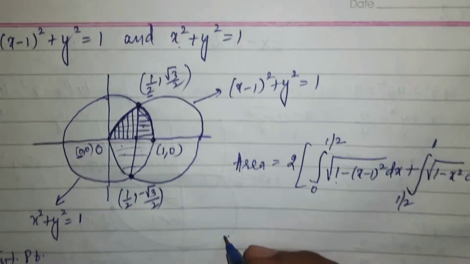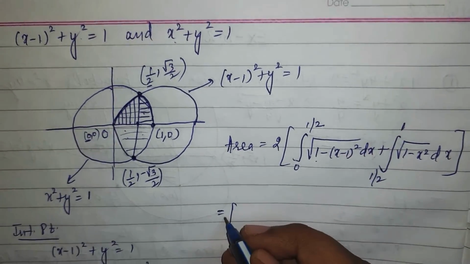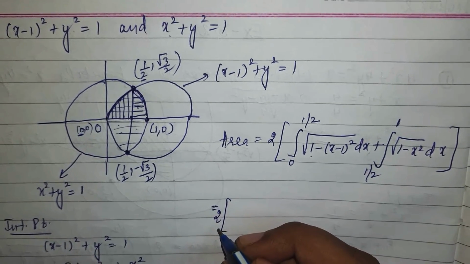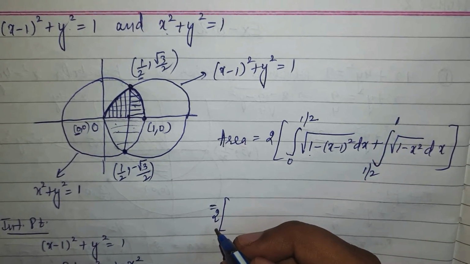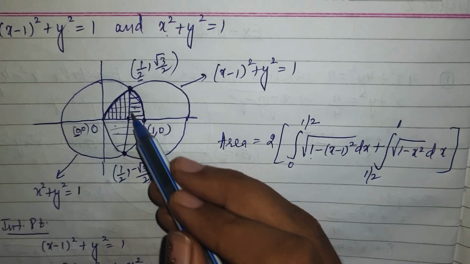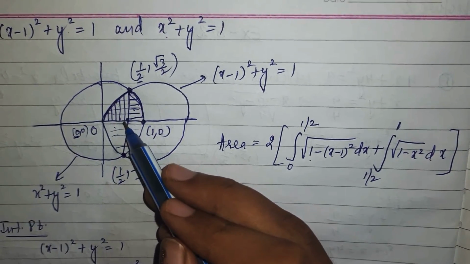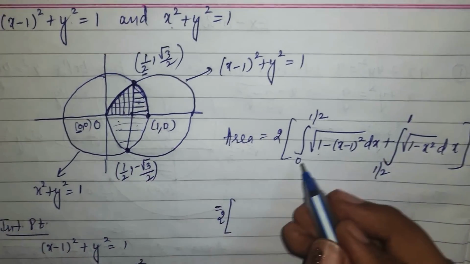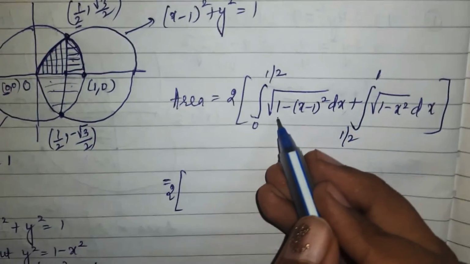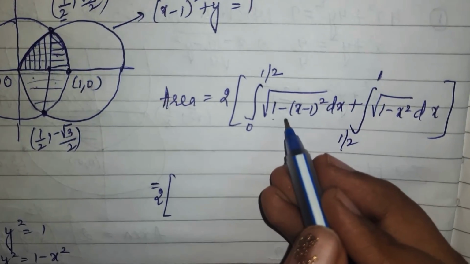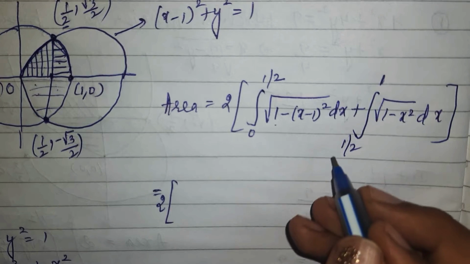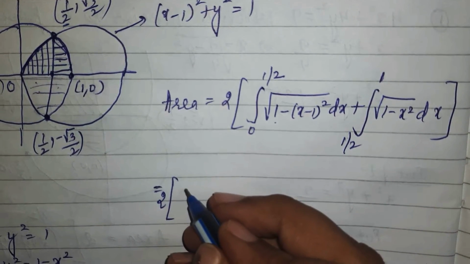So if I talk about a square minus x square, you need to write twice. Because why am I writing twice? Because I need to calculate the whole area and I have taken only this area. Now the formula you can apply yourself, that under root a square minus x square you need to do. After that, okay, I am just applying the formula, but later on you need to proceed on your own.